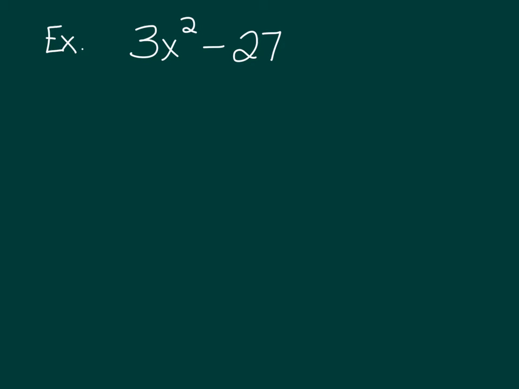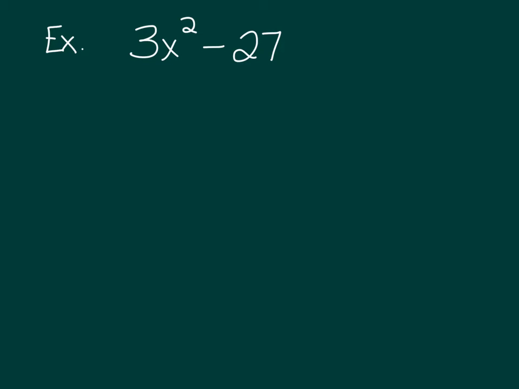Now, you might be originally looking at this problem saying, nope, 3 is not a perfect square, 27 is not a perfect square, this can't be done that way, it's not factorable, etc. However, there are problems that look exactly like this that would go, wait a second, is there a greatest common factor that I can pull out? Something that's in common between a 3x squared and a 27? Well, there is.